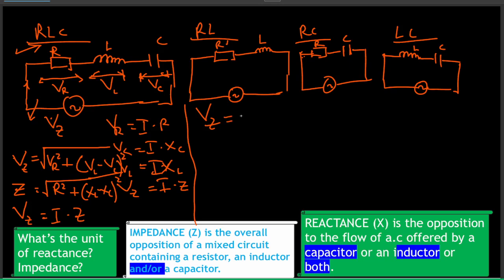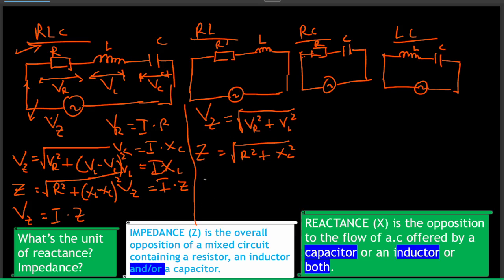VZ equals the square root of VR squared plus VL squared. Can you see? Since we don't have C, it will just be VR and VL. And then the impedance will be the square root of R squared plus XL squared. It's as simple as that.